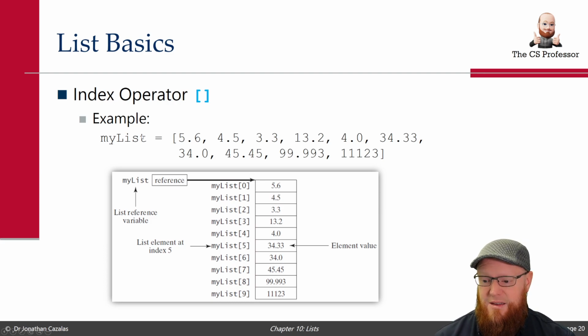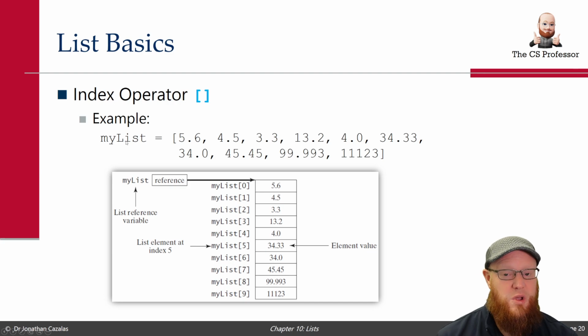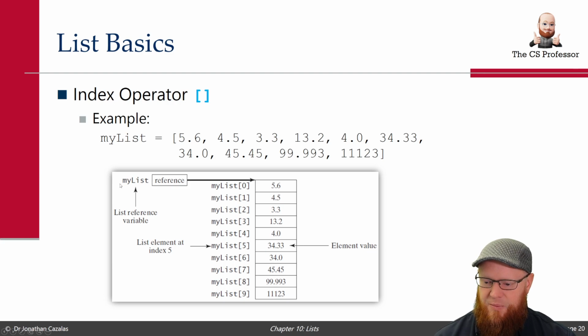Remember, what's saved inside a string variable? It's really an address or a reference that points over to that list of characters. In the same way, my list is a variable, and what's saved inside it is a reference that points over to this list of values.